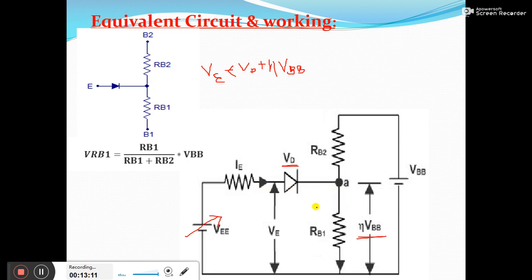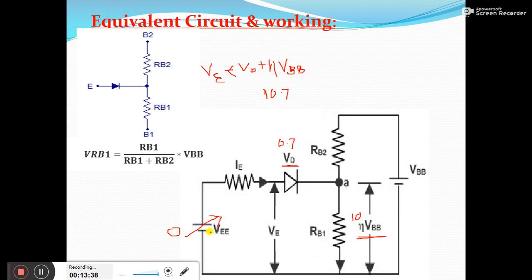Let us assume that for our case, the voltage across this one, eta VBB, is 10, and VD is 0.7. So totally it becomes 10.7. Initially, let's say VE is kept on increasing from 0 volts.